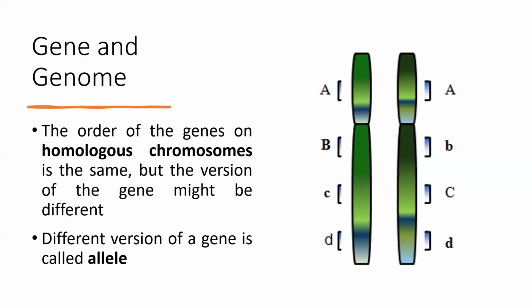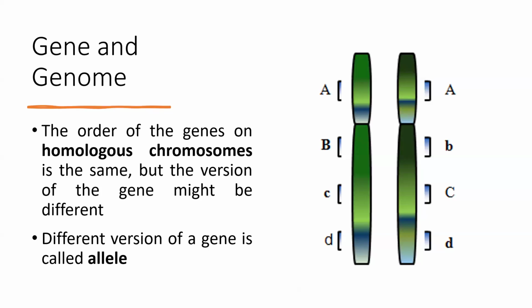Now, I already told you chromosome 1 from mom and chromosome 1 from dad. These chromosomes are the same length, the same size, and they contain genetic information in the same order. We call them homologous chromosomes.